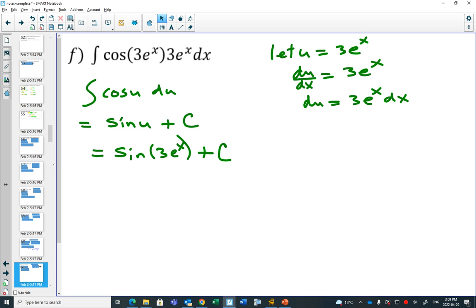What I do on tests is I usually, in this unit, give you one free I forgot plus c. If you forget plus c the second time, you lose 1 mark. If you decide to not write plus c on your whole test, you only lose a maximum of 1 mark on your test.